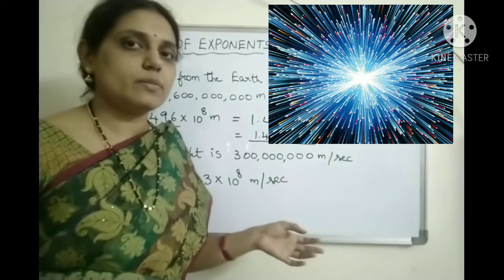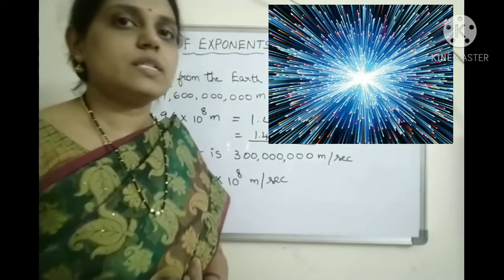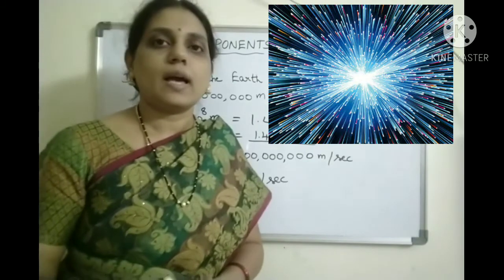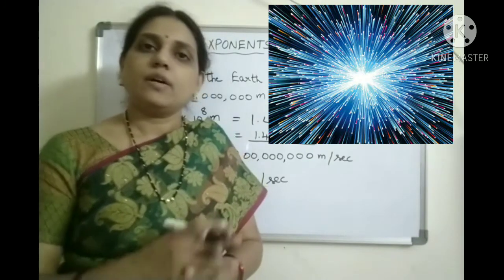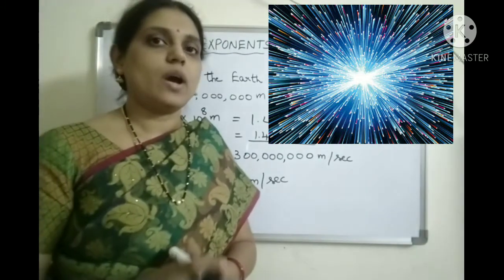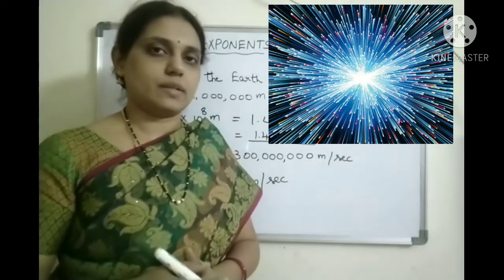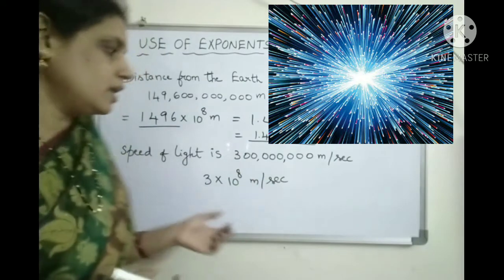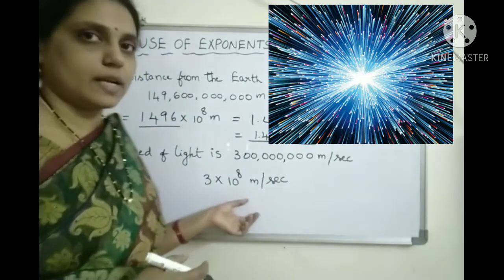So standard form means what? Standard form means writing or expressing a number as the product of a decimal number between 1 and 10, including 1.0, and the number with base 10. If you express it in this way, that becomes standard form.